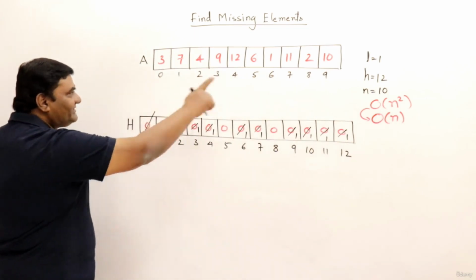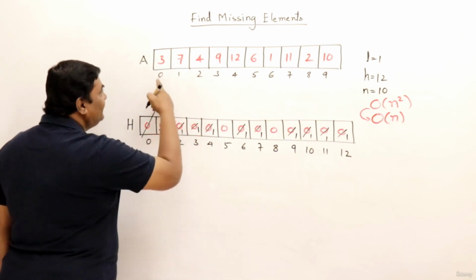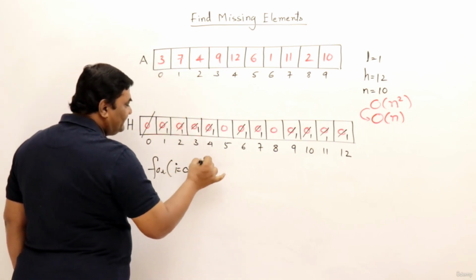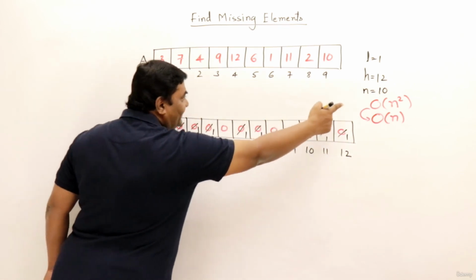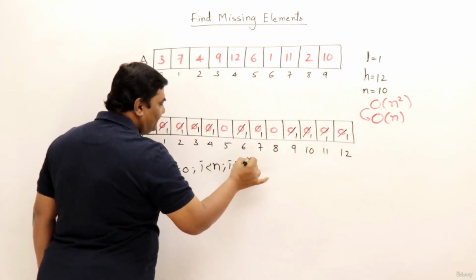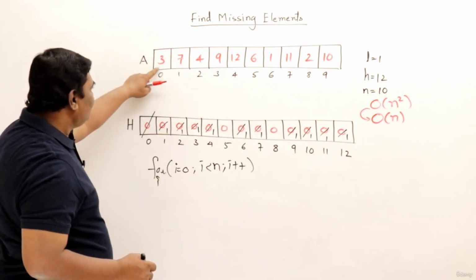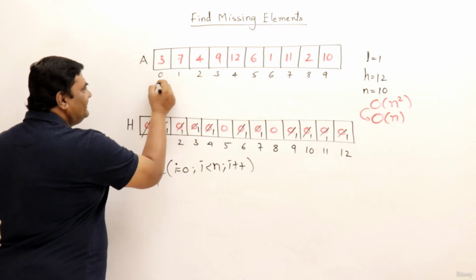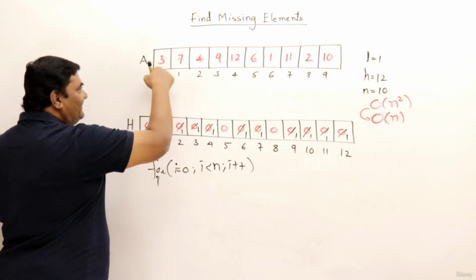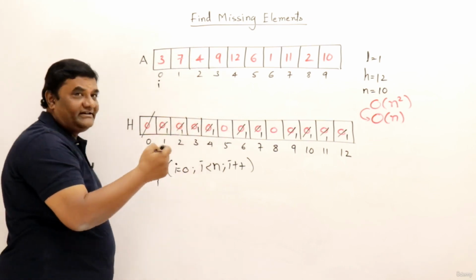Just I will scan through this list. For scanning through this array, I will take a for loop: for i assign 0, i less than n, i plus plus. Then what should I do every time? If the number is a 3, A of i is 3, so I should go to index 3 and mark it as 1, so increment it.